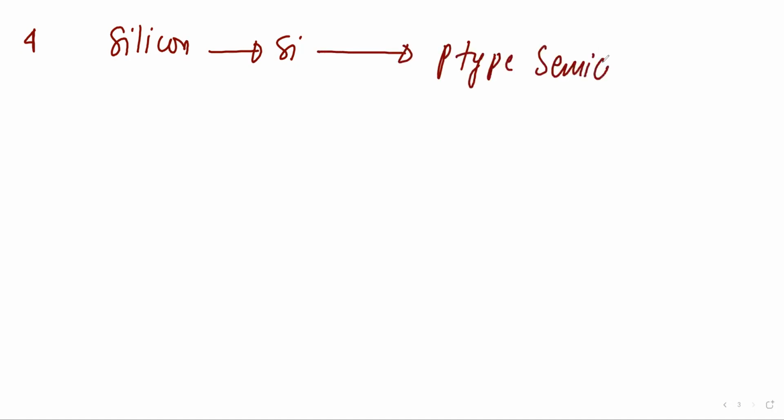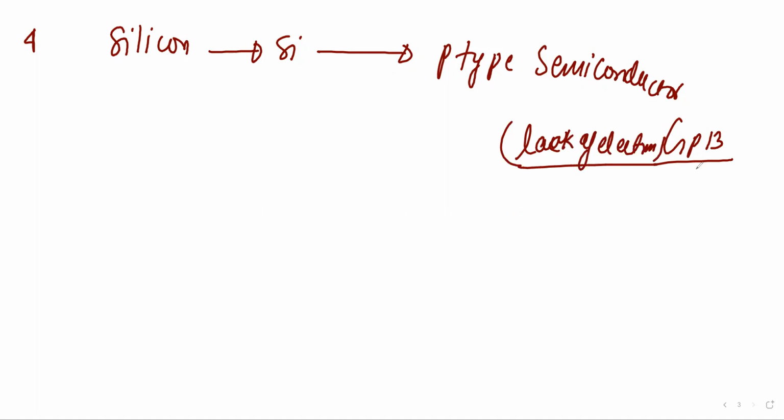Now see question number 4. With which one of the following elements should silicon be doped so as to give a p-type semiconductor? Silicon, Si, is doped to make a p-type semiconductor. P-type means lack of electrons, and it comes under group 13: boron, aluminum, gallium, indium, thallium.